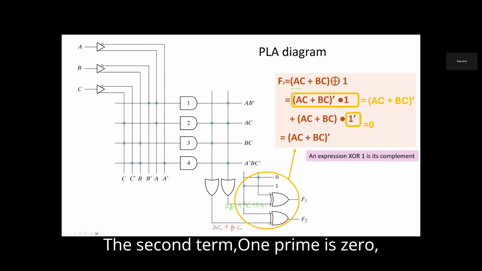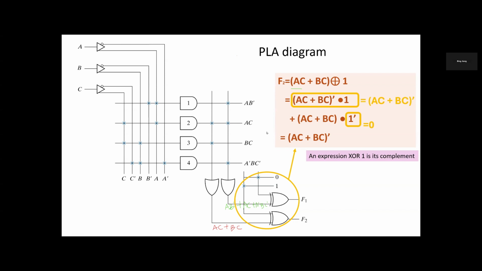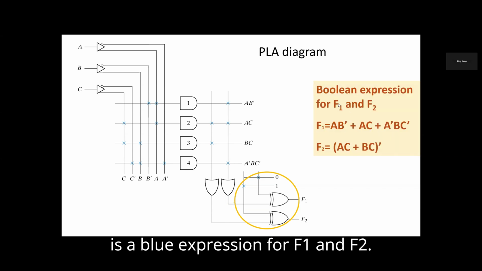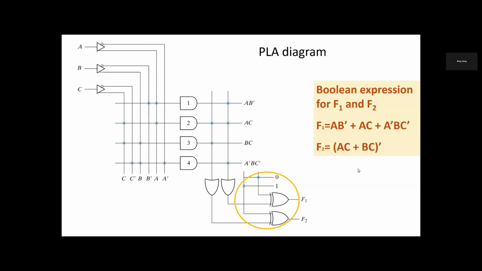The second term, 1 prime is 0, so the whole thing here is 0. So this whole term equals 0. Eventually, we have only AC or BC prime. So an expression XOR 1 is complement. This is the Boolean expression for F1 and F2.